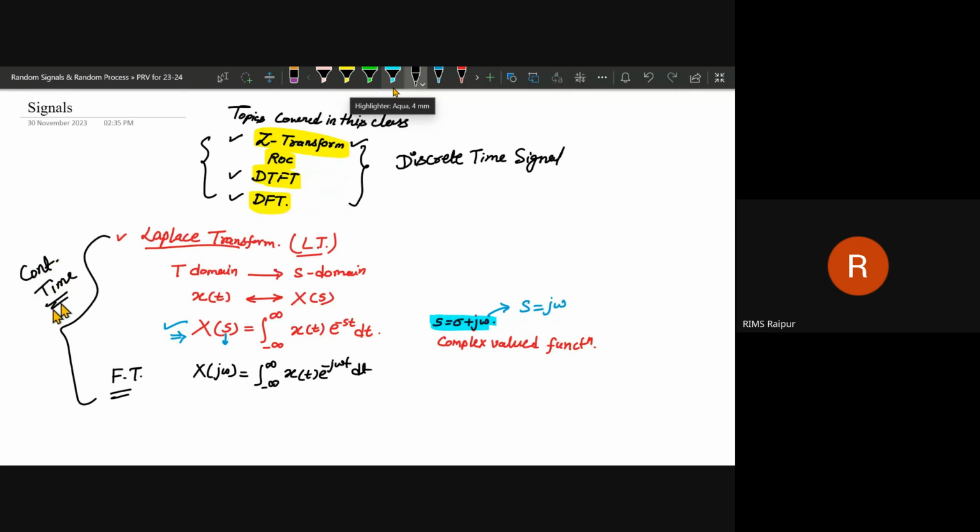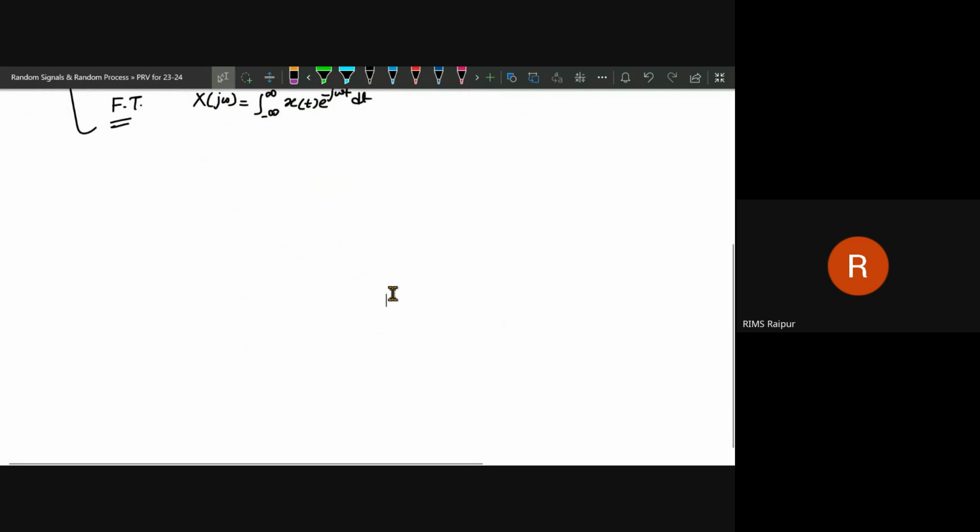So this is the difference between Laplace, Fourier and the transformation techniques which we are going to study today. Now let us begin with the Z transform first.